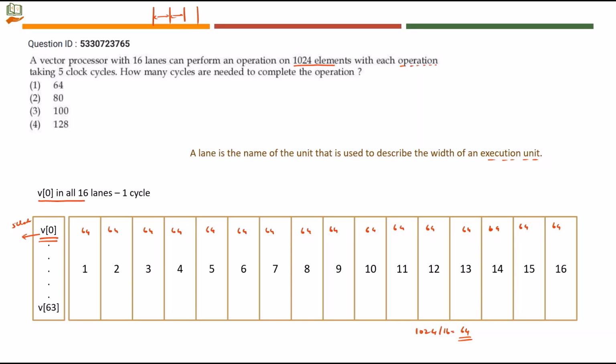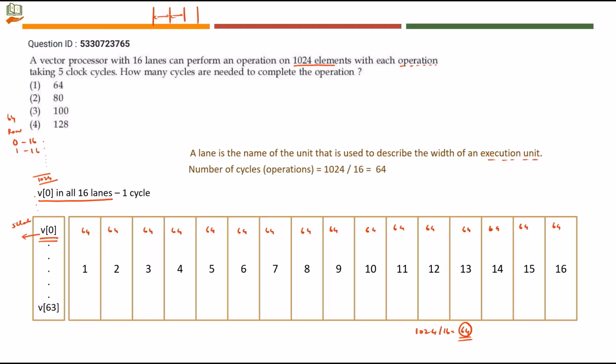This one row is called one cycle. Then how many rows do you need for 1024 elements? When you execute the first row, you will cover another 16. If you multiply 16 by 64, you will ultimately get 1024. It means there are 64 rows involved here.